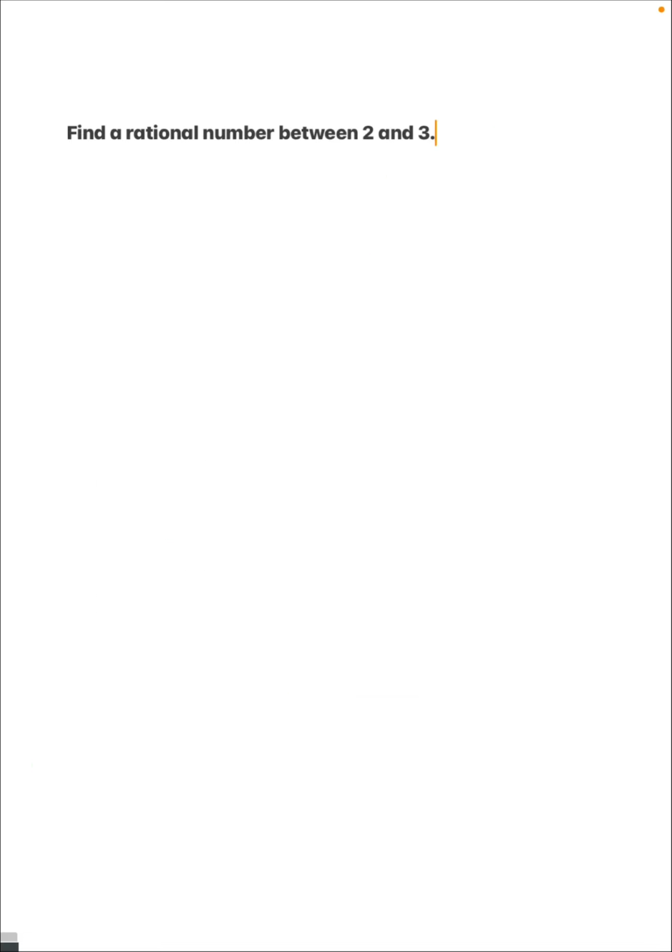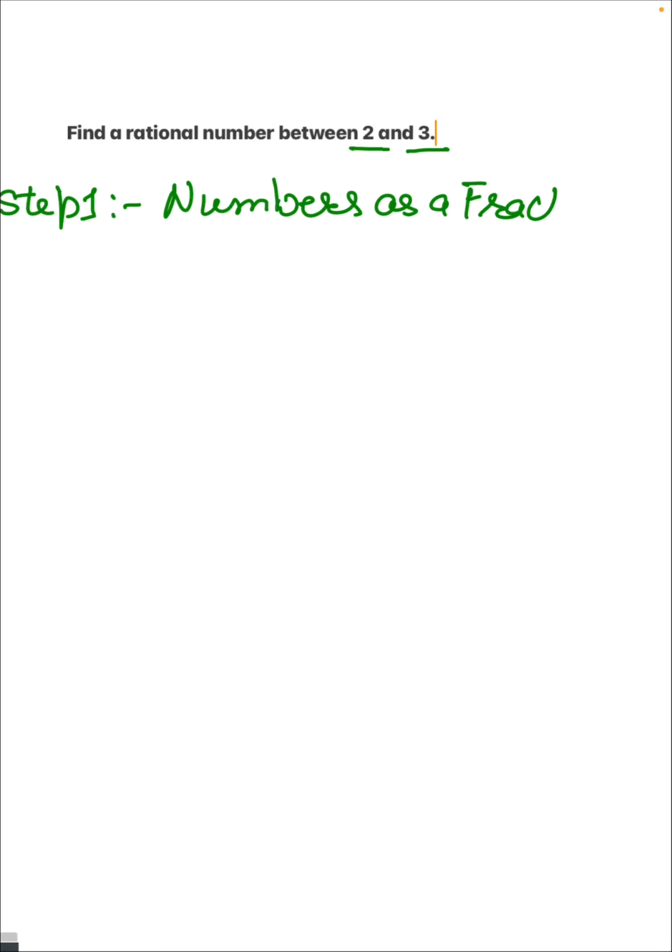So students, let's now take an example. Suppose we have to find a rational number between 2 and 3. Step 1: we have to write the numbers as fractions. 2 becomes 2 over 1 and 3 becomes 3 over 1.